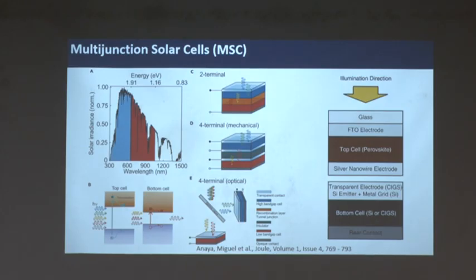two junction solar cells, and it was interesting that they have the opportunity to absorb radiation in spectral range above 1 micrometer. And on the right side you see also a tandem.